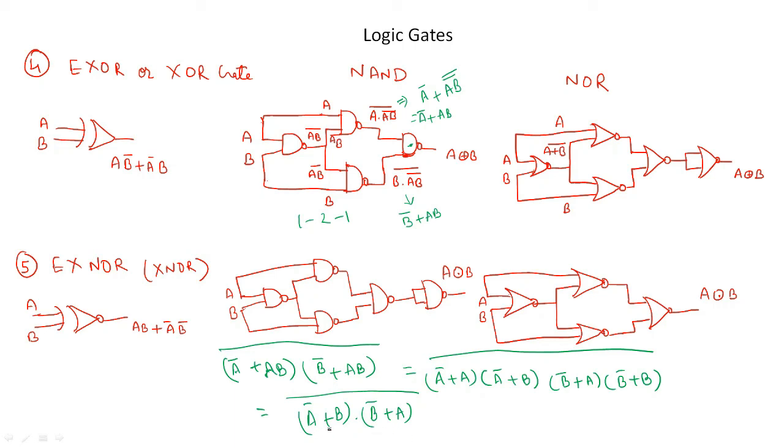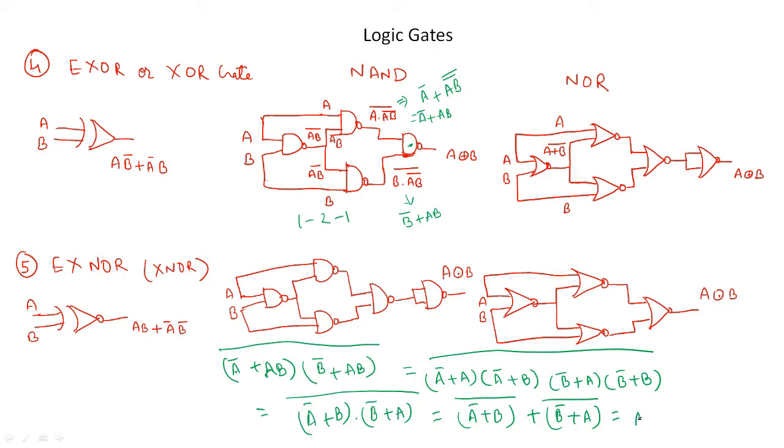Now it is like X and it is Y. So you can write it as (A bar plus B) whole bar plus (B bar plus A) whole bar. Now it is like your (X plus Y) whole bar.